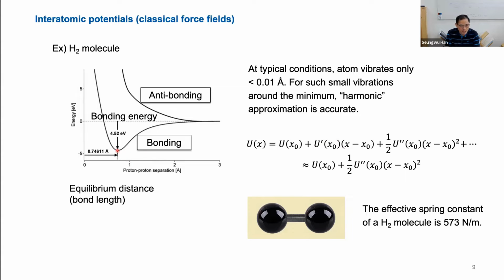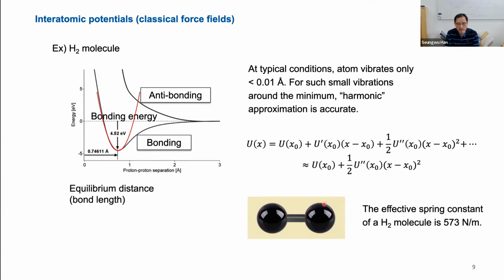But since it's at the minimum, the first derivative vanishes, and so you are left with the second derivative, and this is nothing but Hooke's law, right? It's harmonic, the spring model, and therefore near the equilibrium distance, you can approximate to very good precision this whole interaction curve with the simple harmonic potential of the spring model.